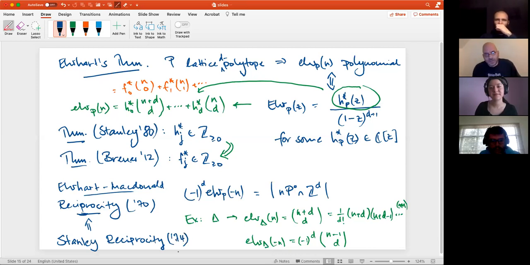Let me not write this down, but you can read up on this. So this gives a reciprocity theorem in several variables for integer point transforms of rational cones. And if we then do the specialization that we've been doing before the coffee break, you get this Macdonald theorem. This is one remark I wanted to make.